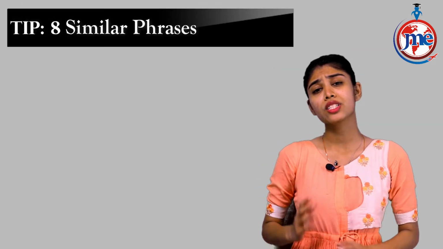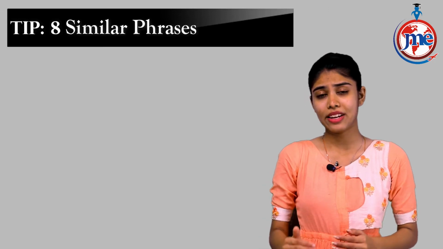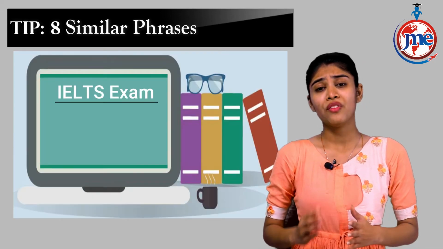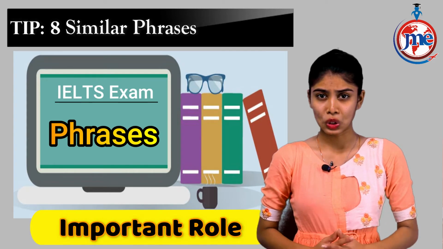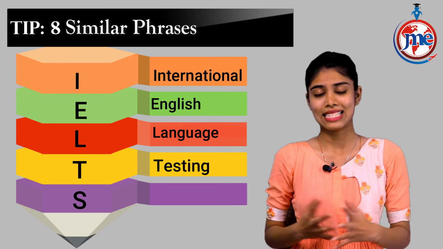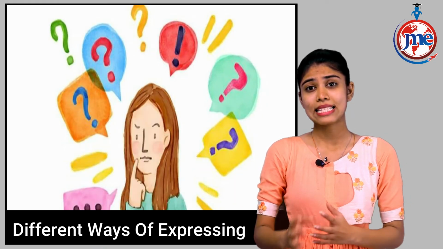Tip number 8: similar phrases. Students, you need to learn to identify similar phrases, because in your IELTS exam, phrases play an important role. IELTS is all about the International English Language Testing System, so it may be a little difficult for you, because sometimes there are many different ways to express the same question.